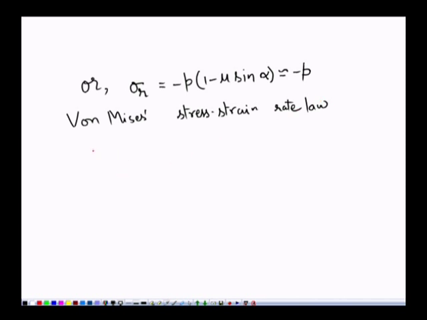So, this one provides us that sigma r must be equal to our sigma theta.